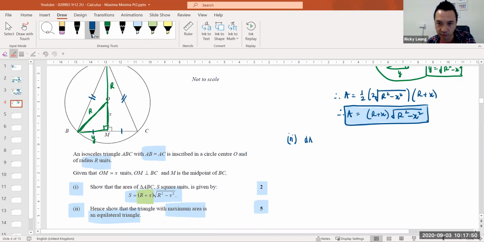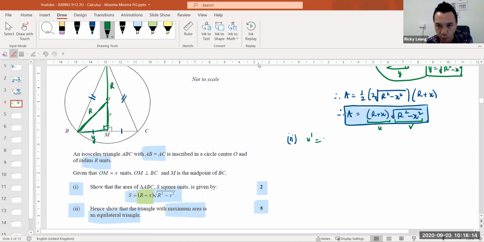Let's differentiate. So remember: differentiate, solve, test for max min, answer the question. In this case, prove that it's an equilateral triangle. Looks like another case of the product rule. So before I even differentiate, I need to get my tools ready. So u dash, that's simple. Capital R is constant, right?